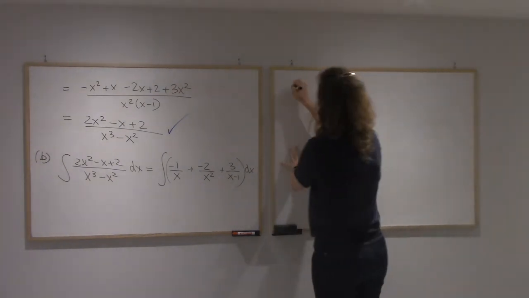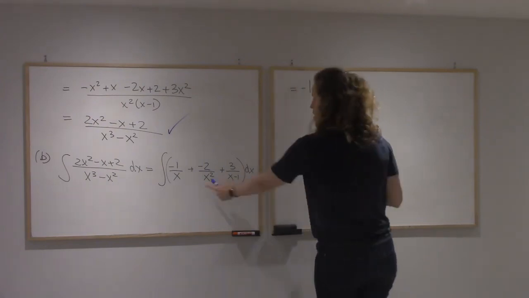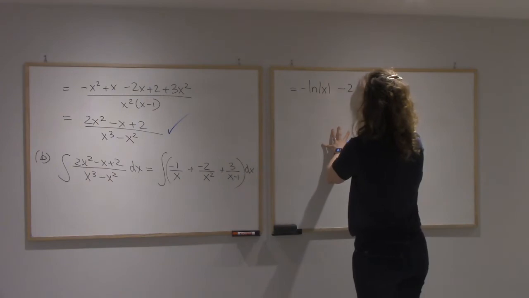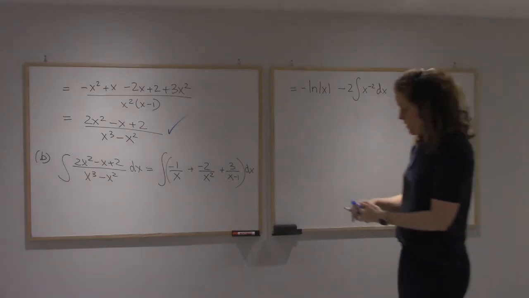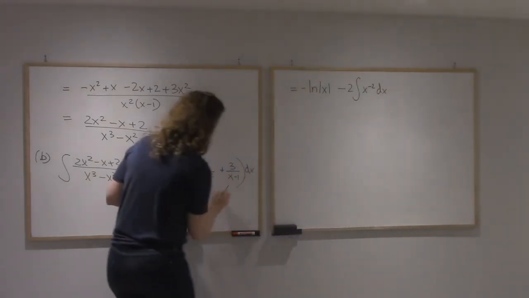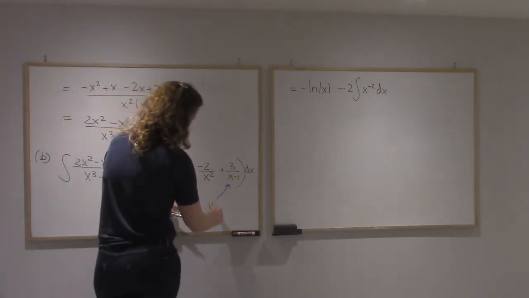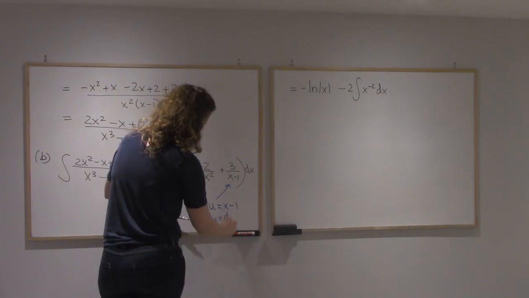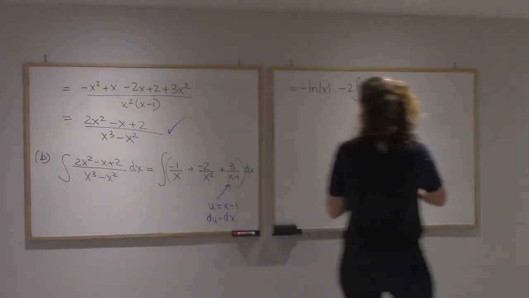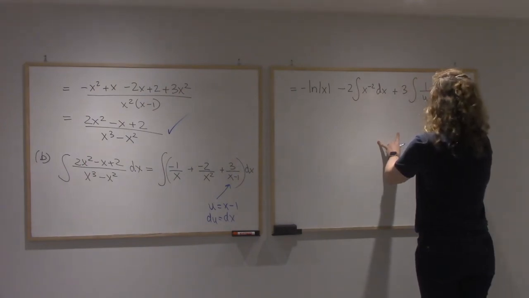And so I'll get minus ln of absolute value x. This one is x to the minus 2. And for this one, I'll use the same substitution I used in the first integral we saw. I'll use u equals x minus 1. du will be dx. And I'll get 3 times the integral of 1 over u du.